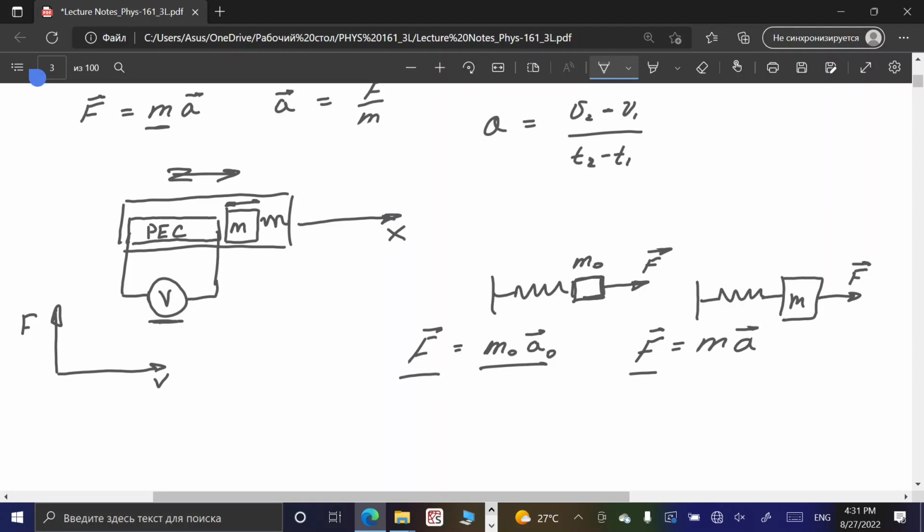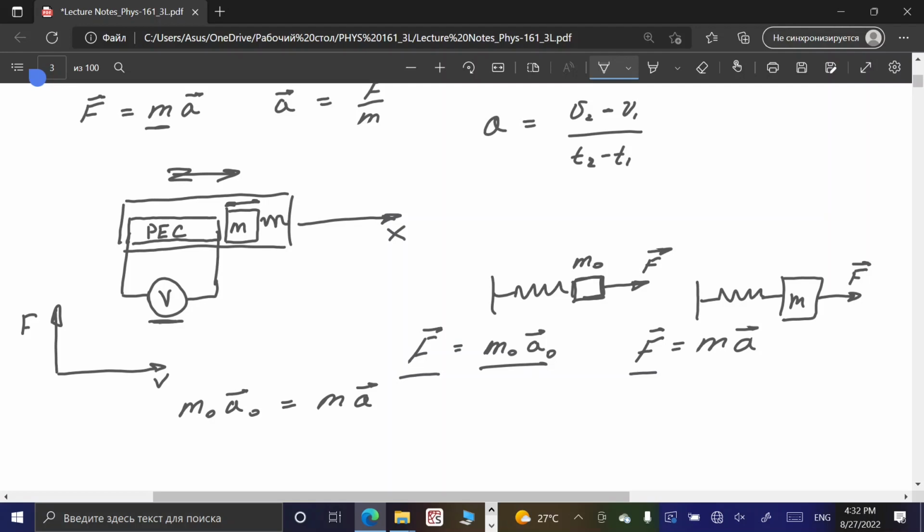So we can write that m naught times a naught vector is equal to m times a vector. And from all these four parameters, the unknown is only this mass, because this one we know from the beginning, and acceleration vectors we measure.